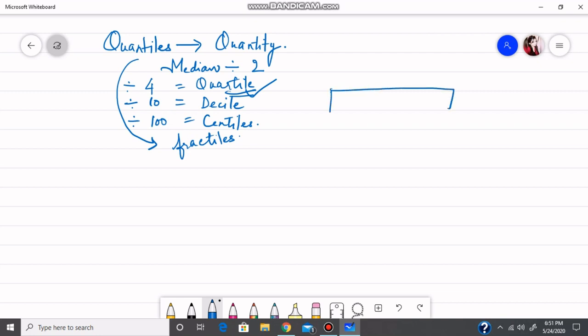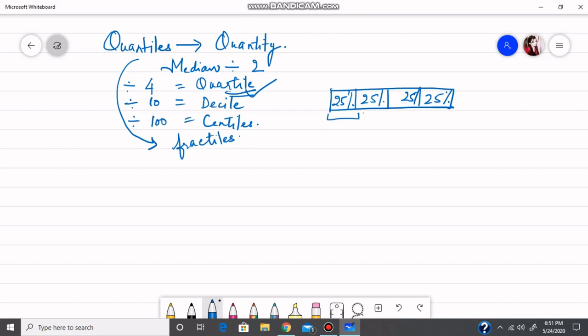Quartiles divide the data into 4 equal parts, wherein each part has a share of 25%. Let's see how these 25% can be interpreted. This is the lowest quarter.